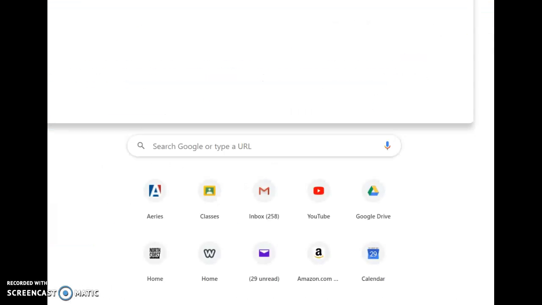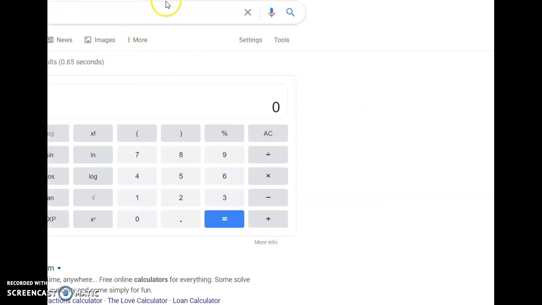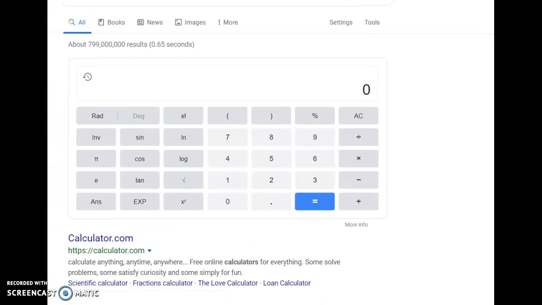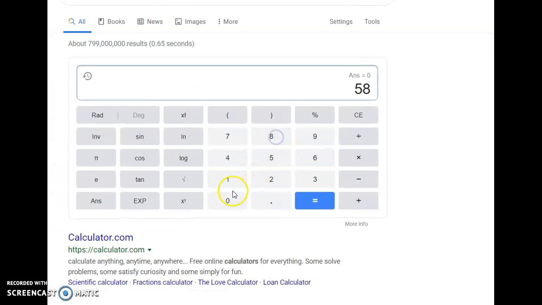So if we bring up a calculator and we take 58 million, 58 comma 1 2 3 1 2 3, and divide it by 200 million, so 200 and then 1 2 3 4 5 6 kilometers, we get 0.29.